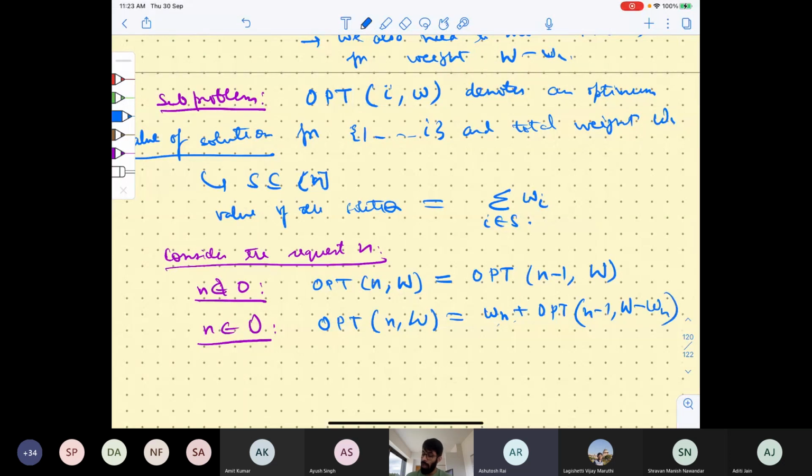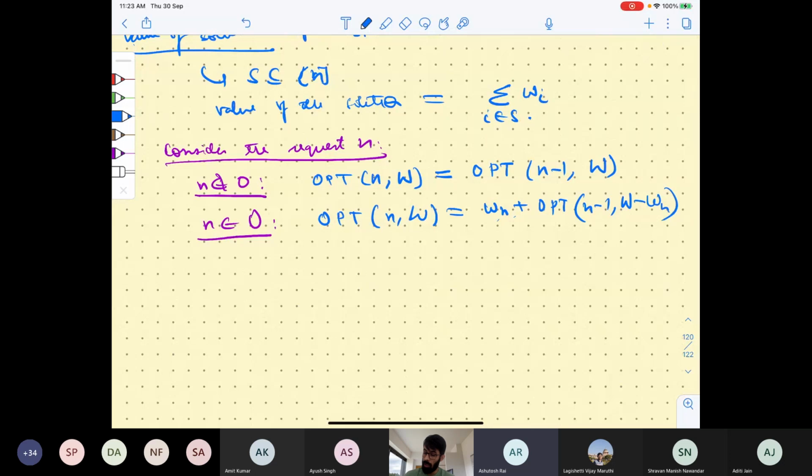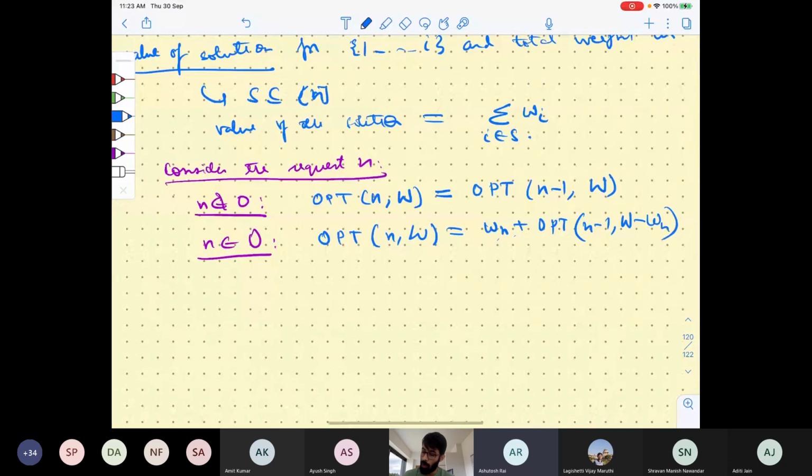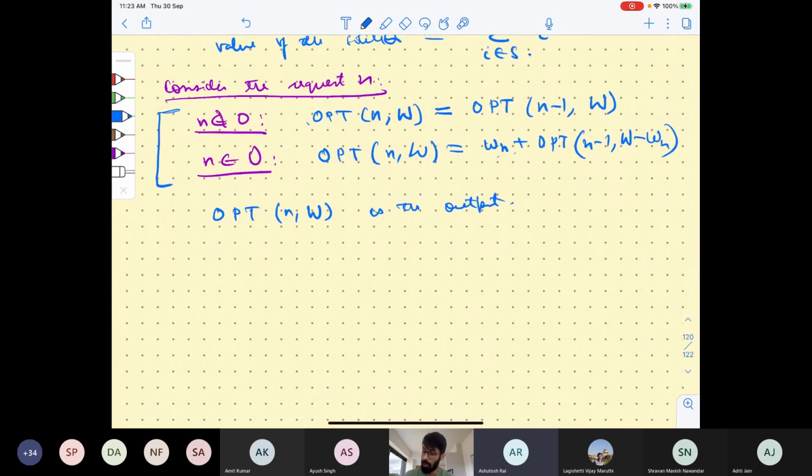So this is what we have for n. We have found how to find the solution of the final subproblem using the smaller subproblems, and in fact, the final subproblem is just one of the subproblems. So opt of n comma W is the output. But now let's write a recurrence using a similar thing.